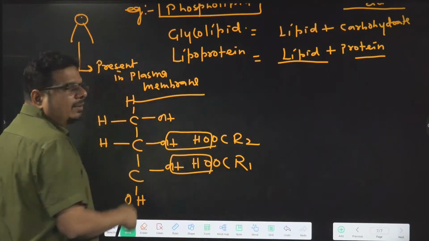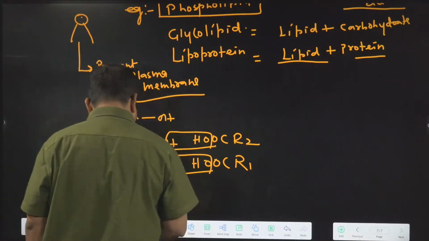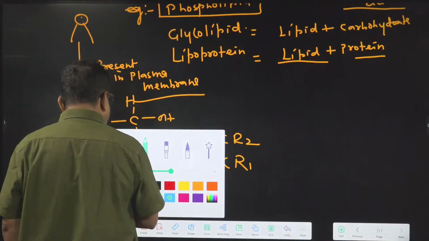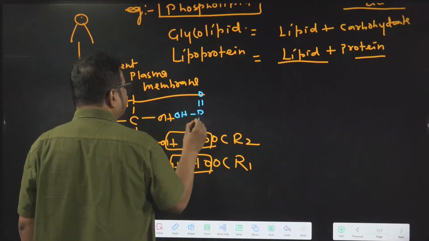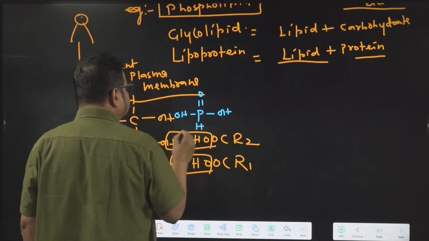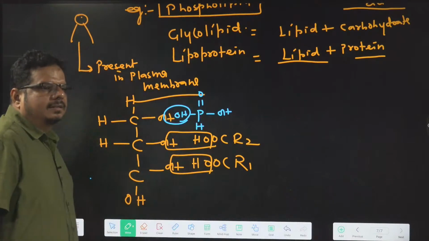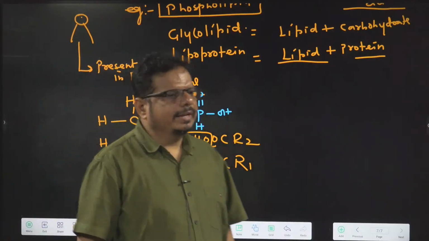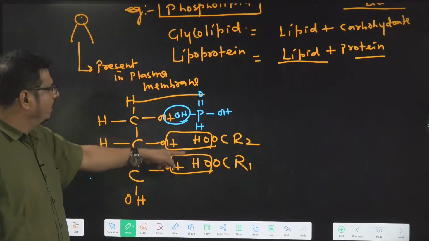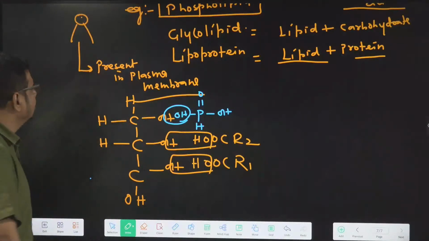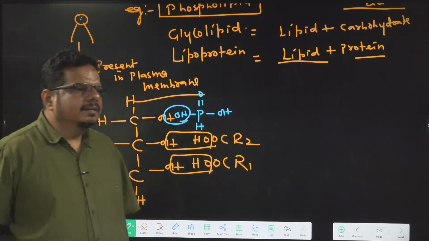So with glycerol, how many fatty acid chains join? 2 fatty acid chains join. Now in place of the third fatty acid, who is joining here? H3PO4, means phosphoric acid. So when glycerol joins with 2 fatty acids and 1 phosphoric acid, the phospholipid is forming. Getting the idea?